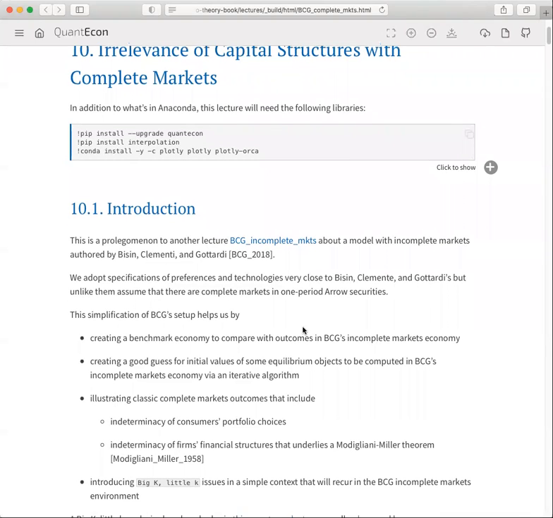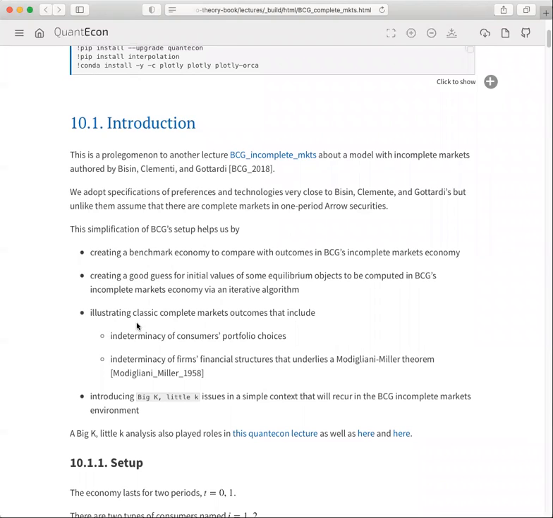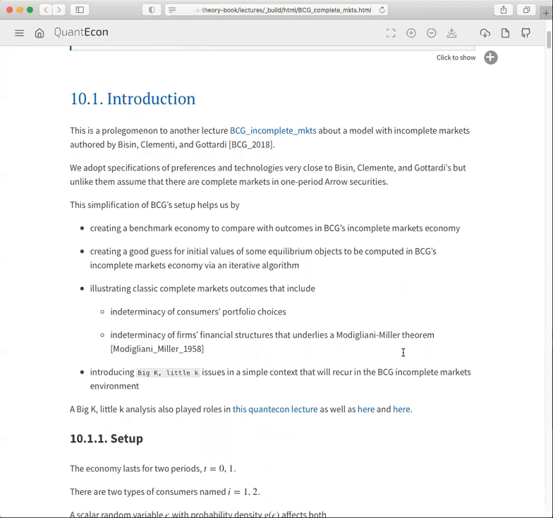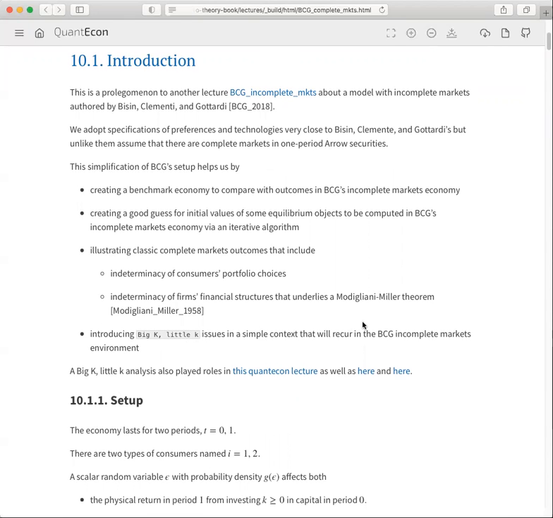In addition, we're going to use their model to study some classic issues in corporate finance that their model is ideally set up to study. In particular, we'll have studied the Modigliani Miller theorem. Once again, we'll see big K, little k issues that are all over macroeconomics and general equilibrium theory.